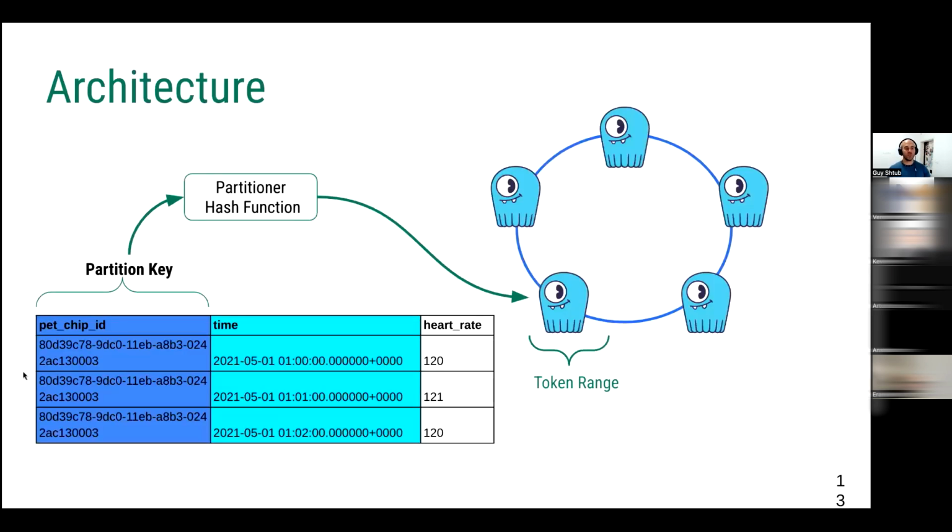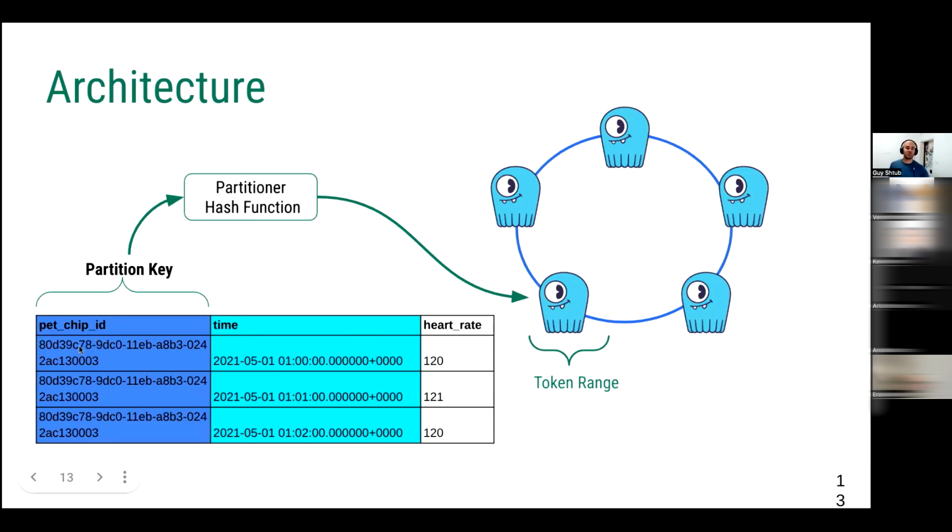Here I'm showing you an example of a very simple table that has just 3 columns, the pet chip ID, the time, and the heart rate. And in this case, the pet chip ID is defined as the partition key. So this column is the partition key.